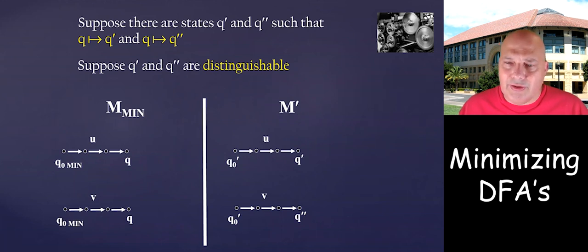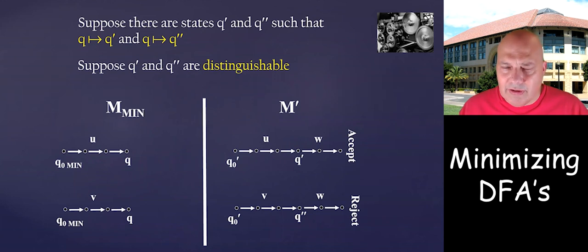So that's just a property of our algorithm. So far, everything on the slide just follows from the fact that q is mapped to q prime and q is also mapped to q double prime. Now let's take the assumption that q prime and q double prime are distinguishable. This means that there is some w such that you reach from q prime on w to accept and q double prime on w to reject.